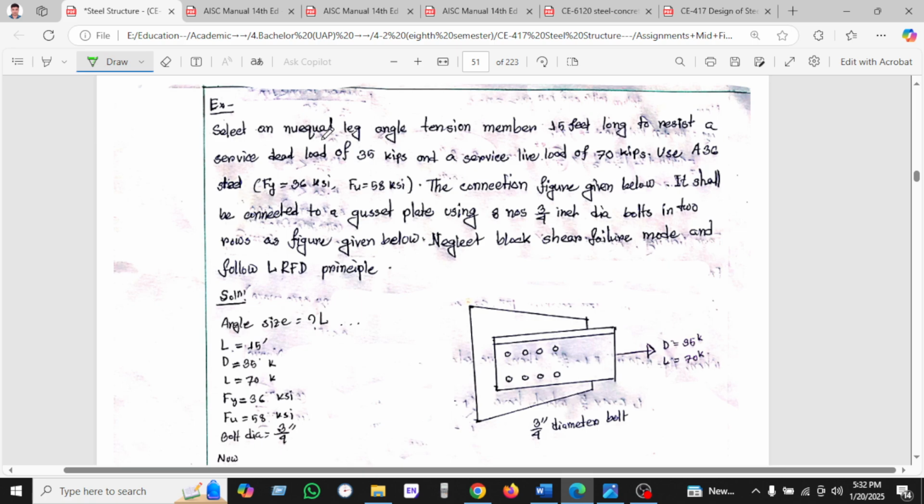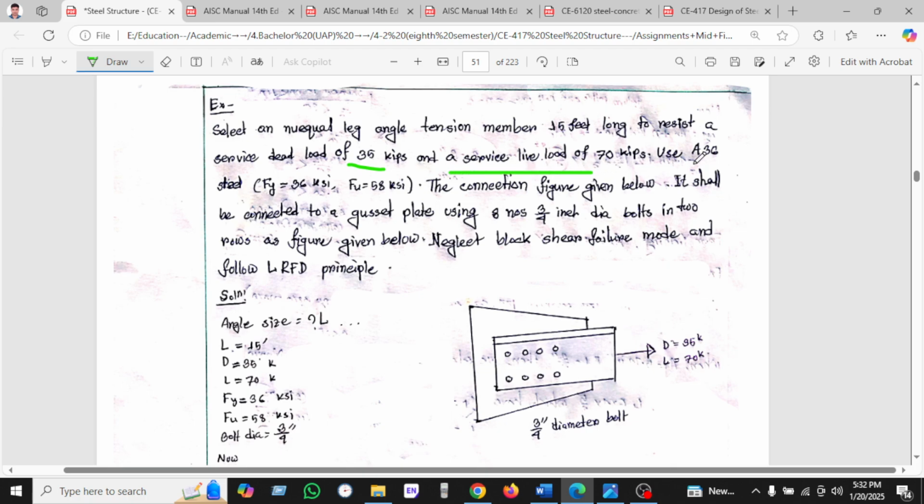Select an unequal leg angle tension member, 50 feet long, to resist a service dead load of 50 kip and a service live load of 70 kip.